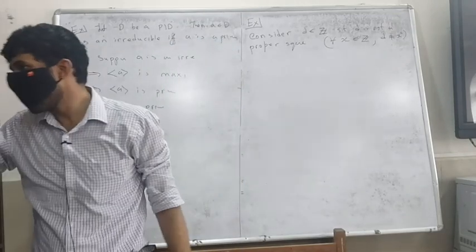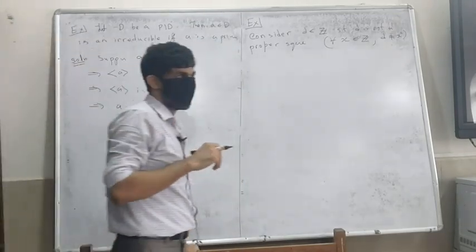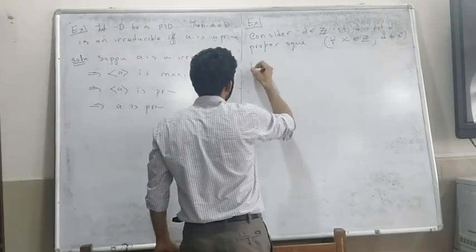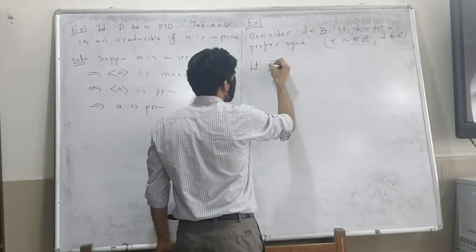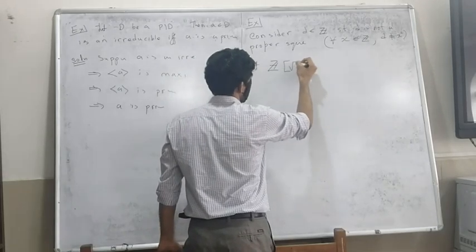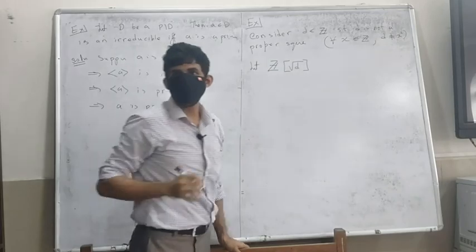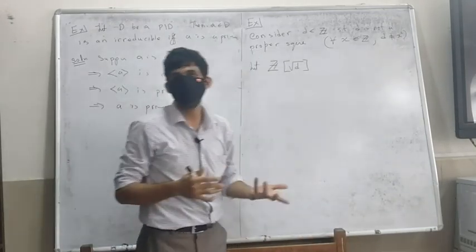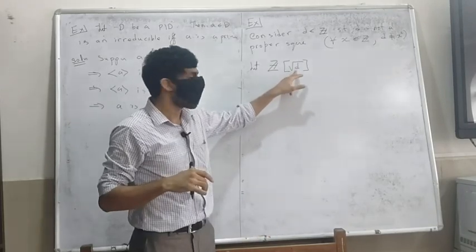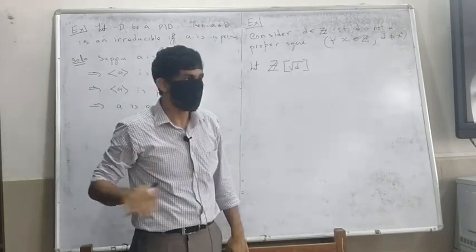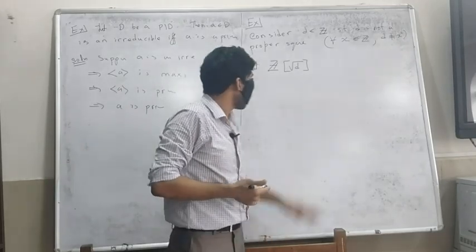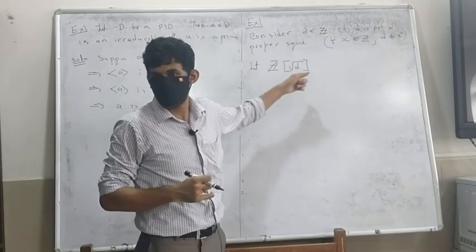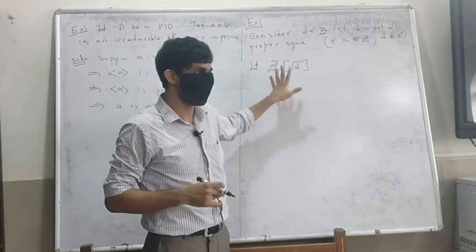I'm going to look at this ring Z[root D], where root D is the square root of D. You'll ask, what is this square root of D? Since I don't want to do extra work, think of it as a complex number.